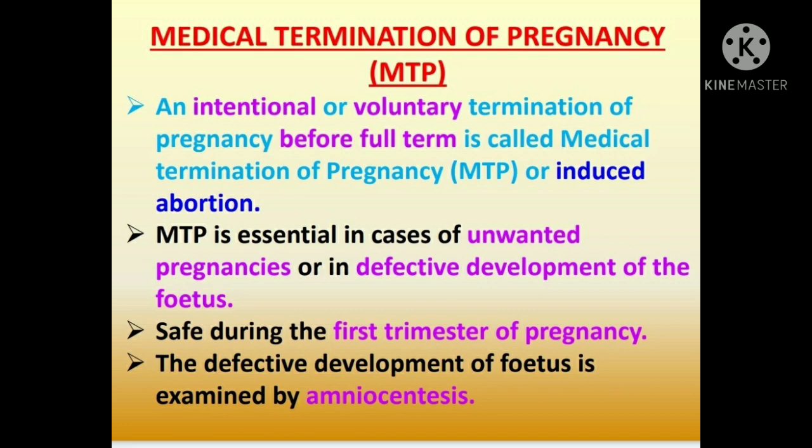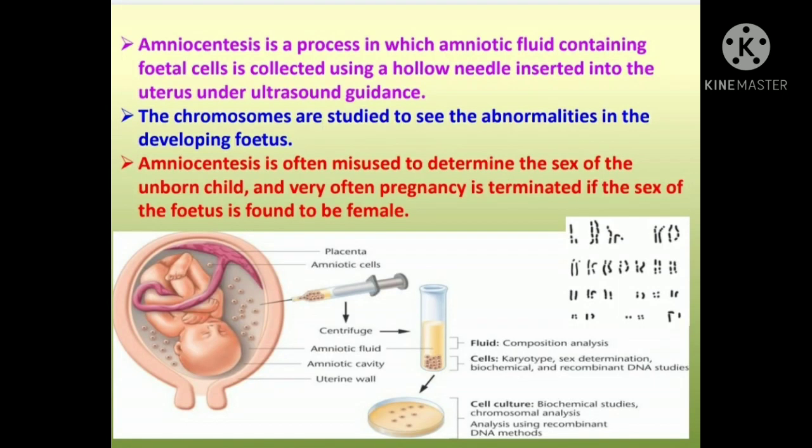Just now I told you that if any defect is seen in the fetus, then it is confirmed by one of the tests, and that test is called amniocentesis. Now we will see what is done in amniocentesis. Amniocentesis is a process in which amniotic fluid containing the fetal cells is collected.